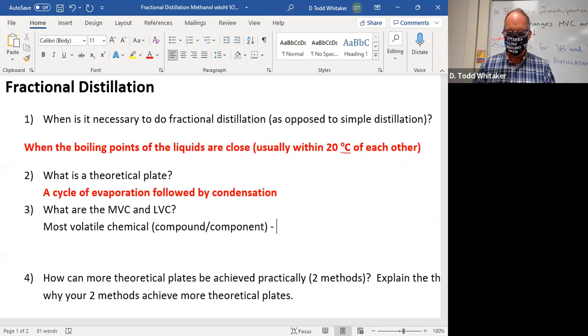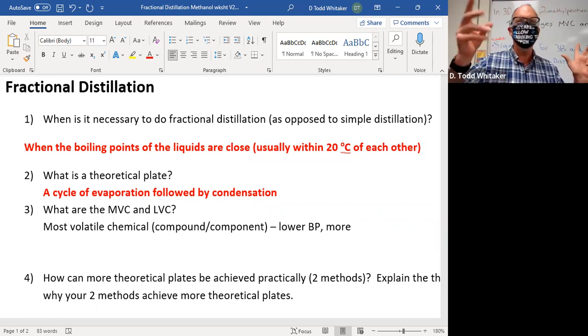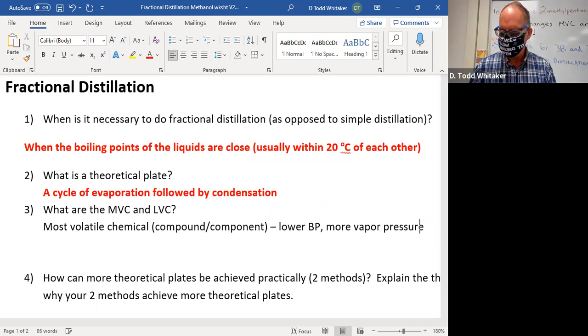And I don't need a dash there. Oh, yeah, lower BP. And more, how do you say it evaporates more easily in chemistry talk? It creates more vapor pressure. But I will use those words you use too.